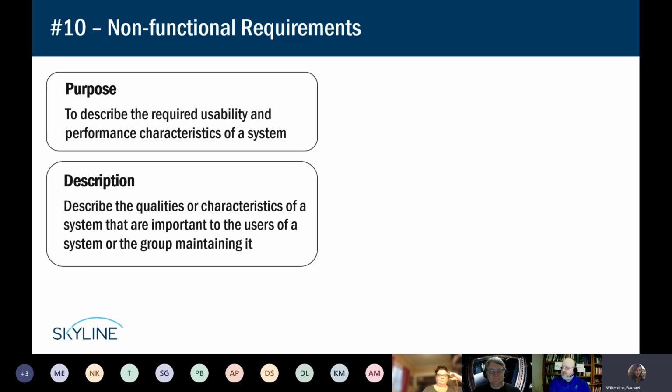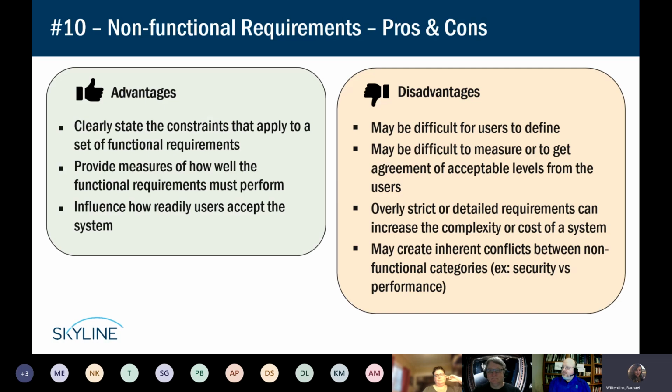So non-functionals are essential to keep track of, and I'm going to show you some of the more common ones in a minute. But having non-functional requirements documented helps ensure that you have a higher quality system. The issue then is identifying which non-functionals to focus on, because there are gazillions of them, and they're really hard to nail down.